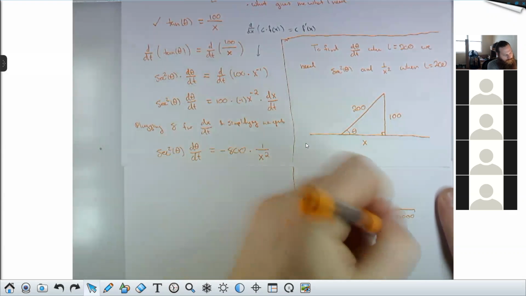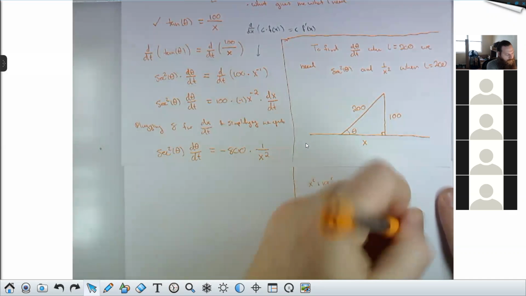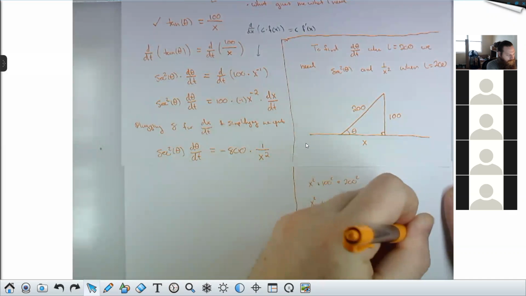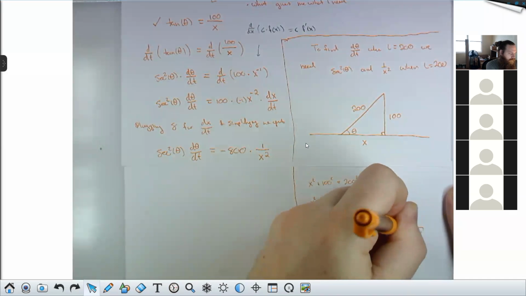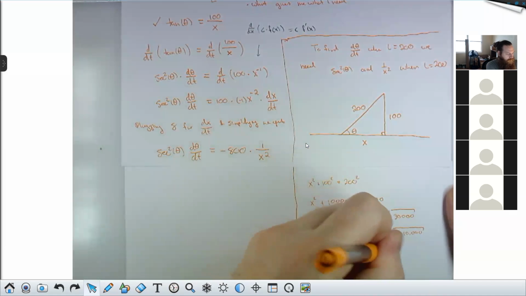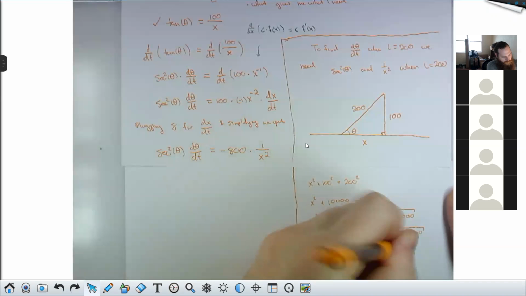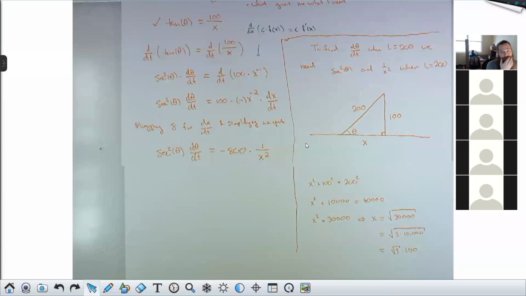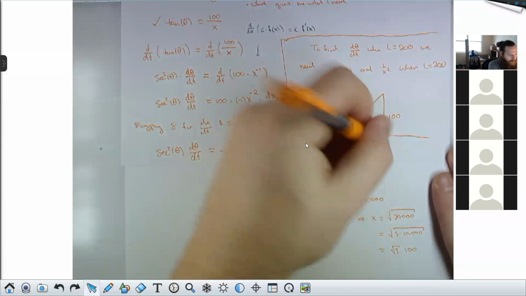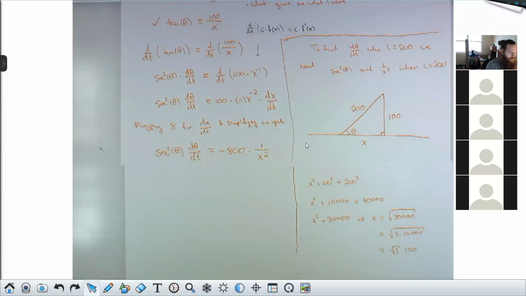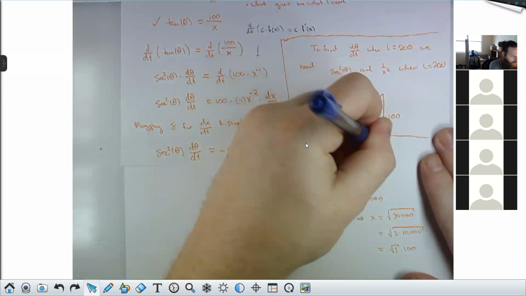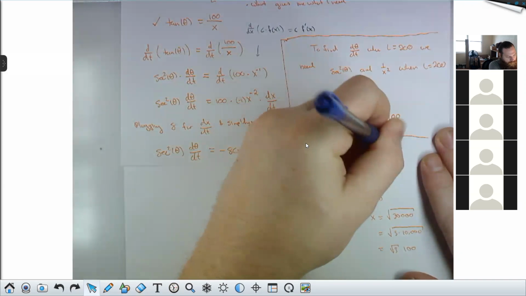Which is the square root of 3 times 10,000. The square root of 10,000 is still 100, so this is the square root of 3 times 100. And that means I can come back here. All right, this has 100 times the square root of 3, so it's not confusing looking.